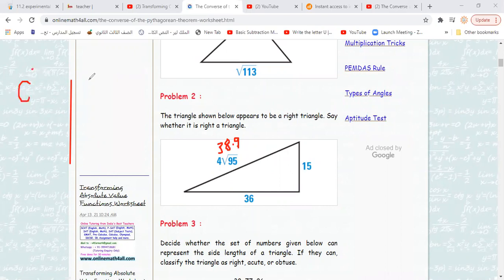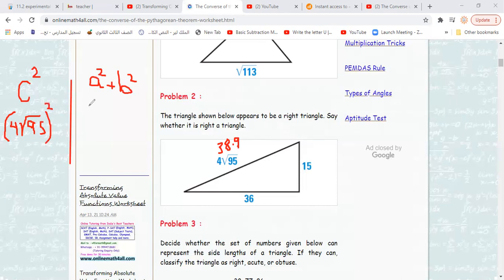The other sides we have are a square plus b square. Now we will substitute. So we have 4 square root 95 on the left side, and then all to the power of 2.